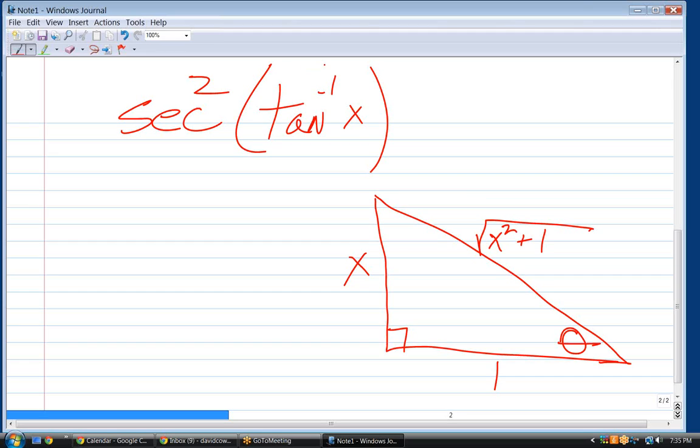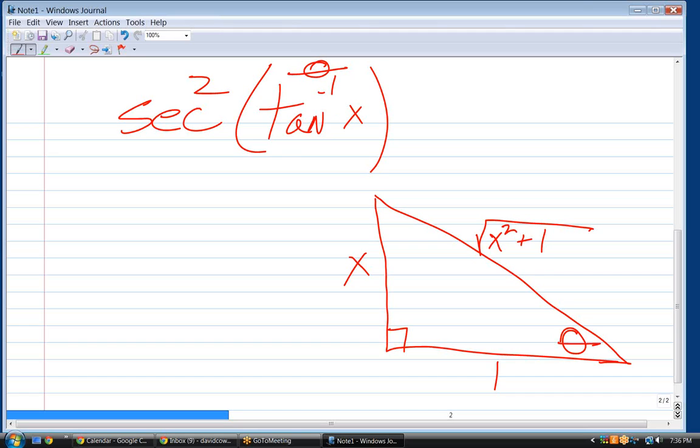In other words, this is theta. Theta is equal to the inverse tan of x. Therefore, this triangle fits this picture. Now, according to this triangle, what is the secant squared of theta? What's the secant of theta?